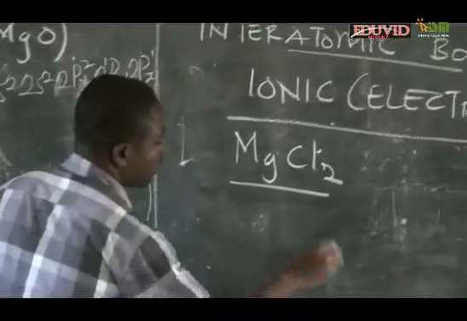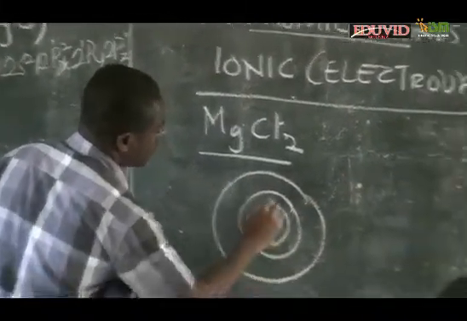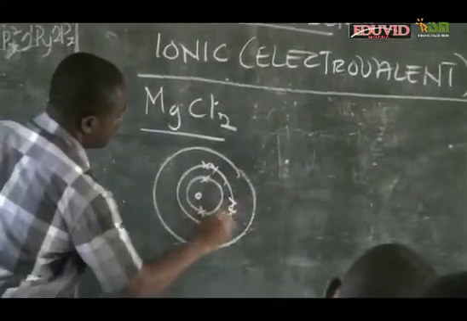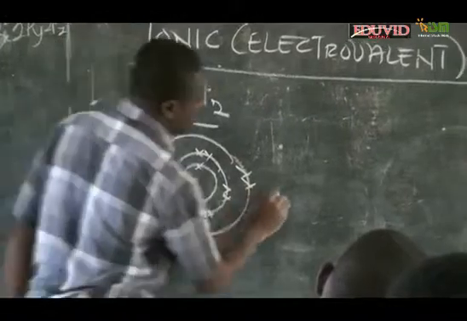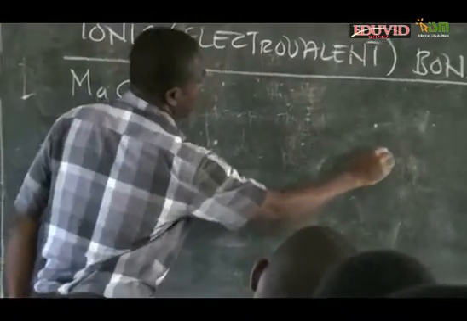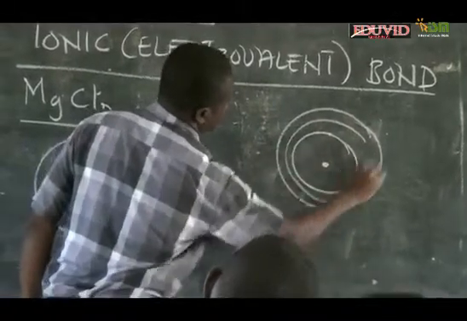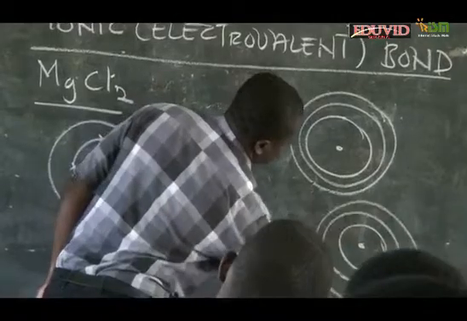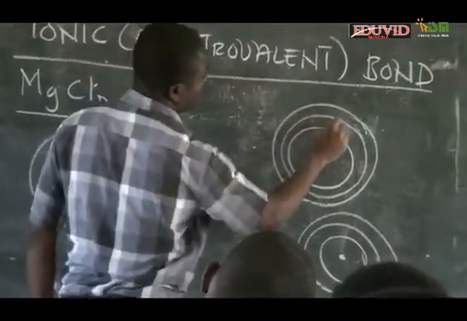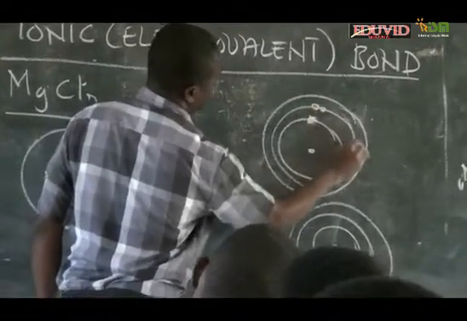So we expect that the magnesium atom has 12 electrons, let's say 2, 8, and then 2. And then we have 1 chlorine, which is 17, right? And then the other chlorine, also 17, right?